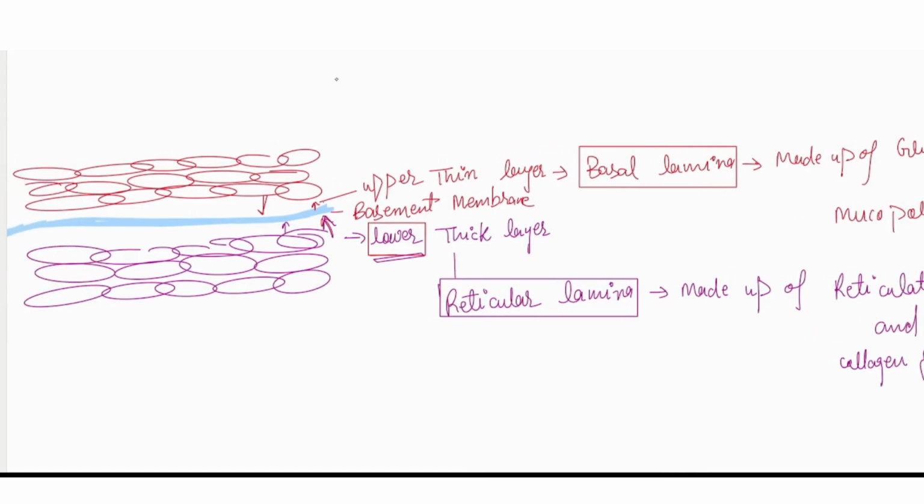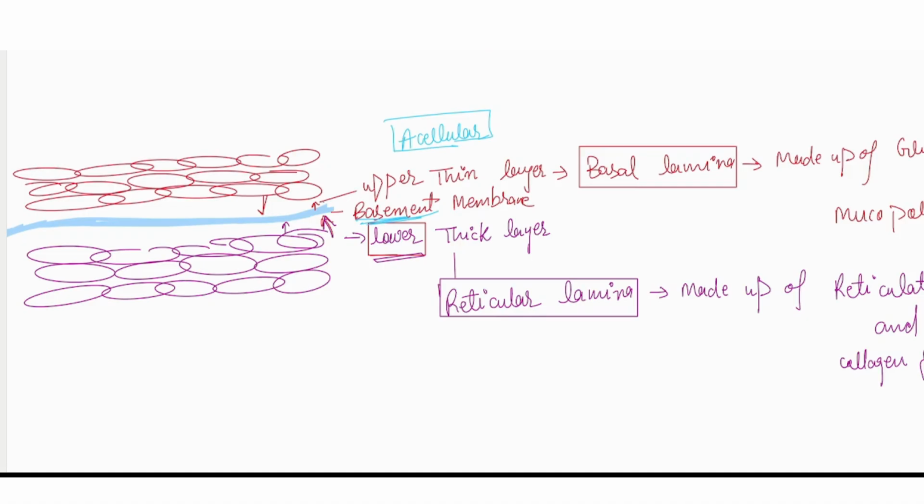Second, the basement membrane is avascular, or you can say acellular or non-cellular. This is a very important feature of the basement membrane. More than this is not needed for our NEET syllabus.